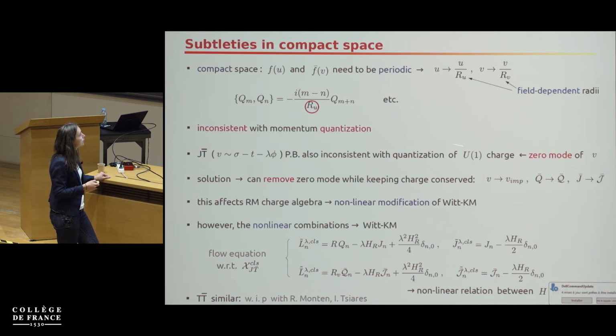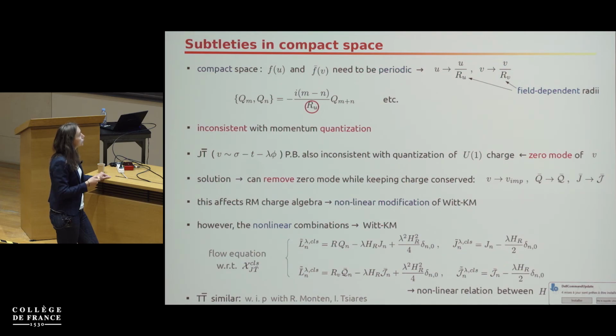And that inconsistency is really easy to track down in this case, having to do with the fact that the U1 generator doesn't commute with V, and the reason it doesn't commute is because of the zero mode of this field phi that appears here. So if you could somehow get rid of the zero mode that appears in V, you would be able to resolve this problem with the inconsistency with quantization.